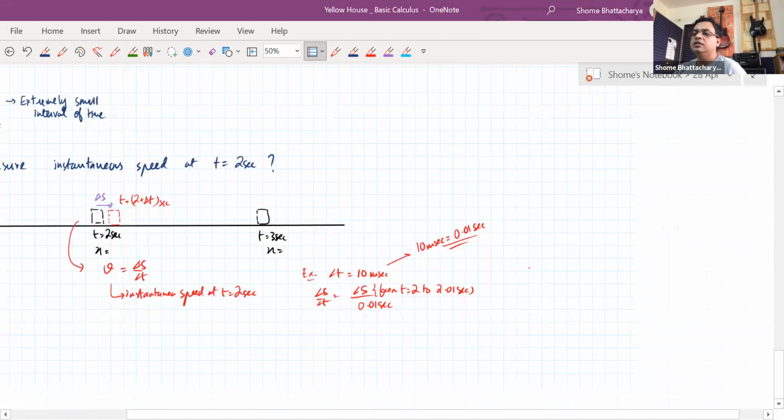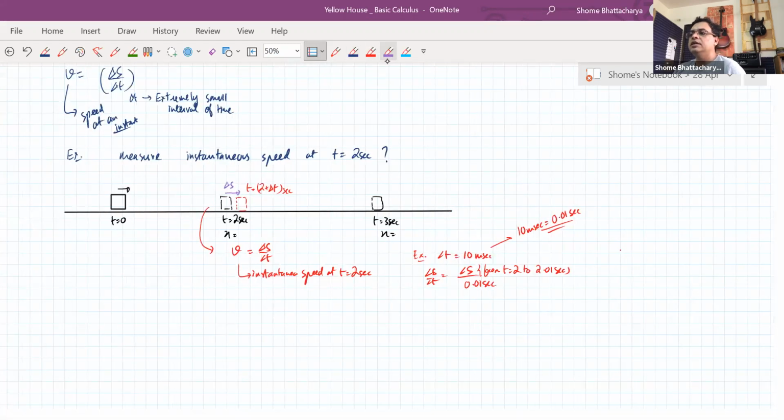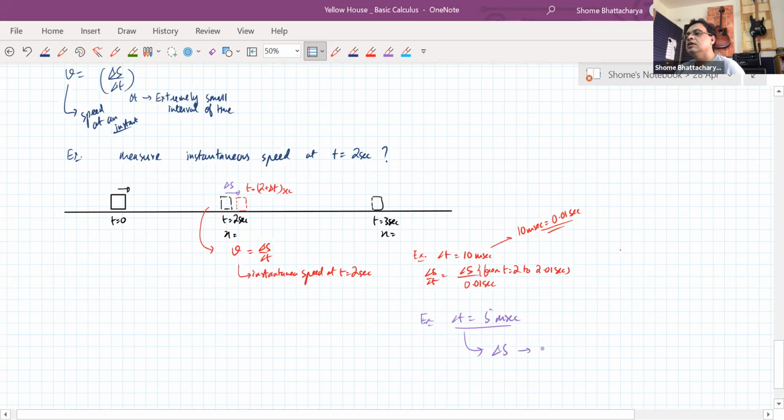But if, let's say, a competitor of mine takes delta t equal to 5 milliseconds, then what he is doing is he is measuring delta S as the distance from t equal to 2 seconds to t equal to 2.005 seconds, because he is taking the interval of delta t equal to 0.005 seconds.